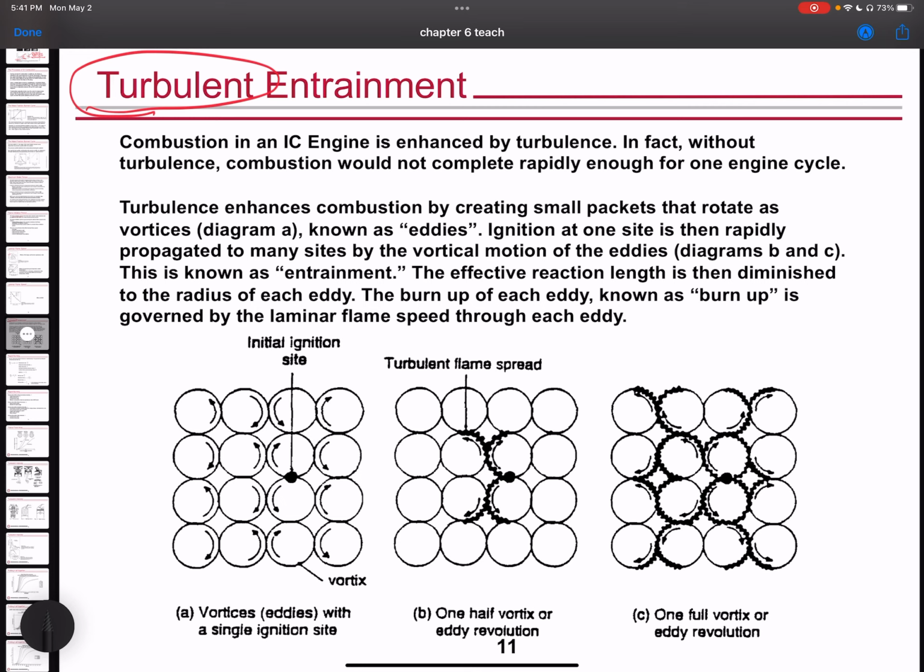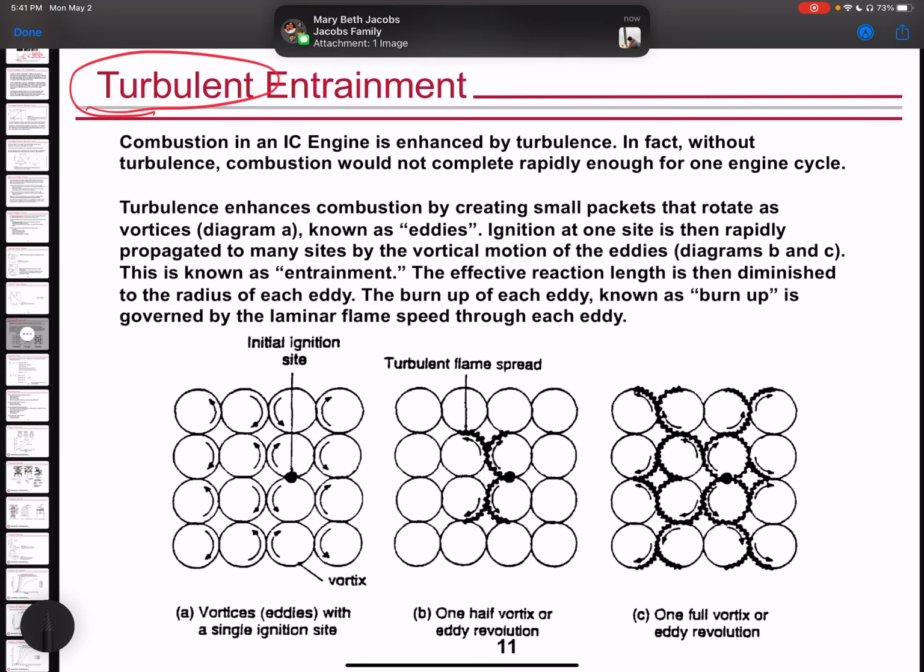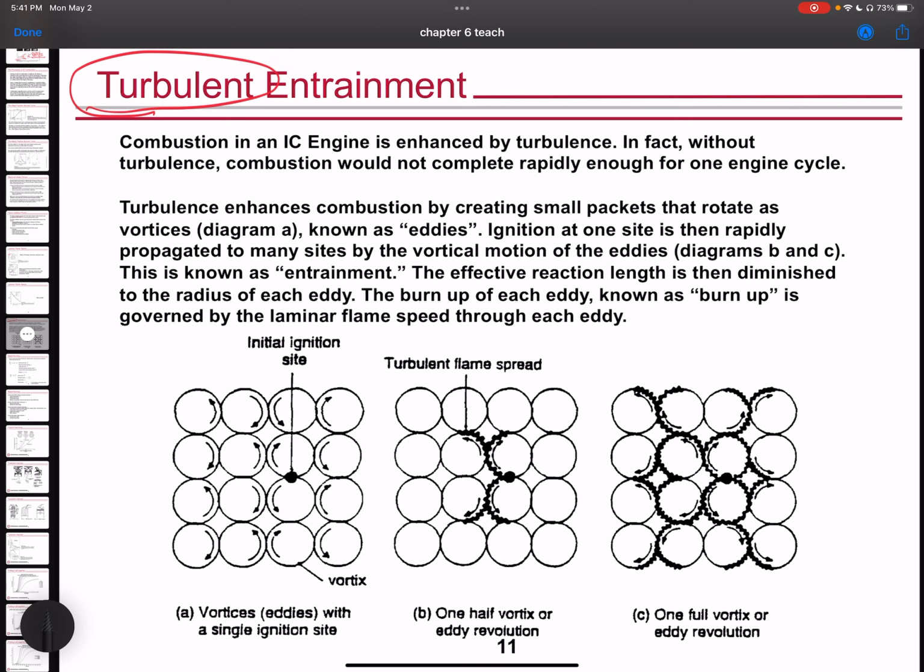Each of these eddies is on the order of, say, micrometers, if not smaller, compared to the usual dimensions of the stroke length and the bore diameter of a cylinder, which are measured on the order of millimeters, if not tens of millimeters. And so you're very quickly able to spread that flame through the whole mixture and burn it up in a much more rapid fashion, thanks to turbulence.